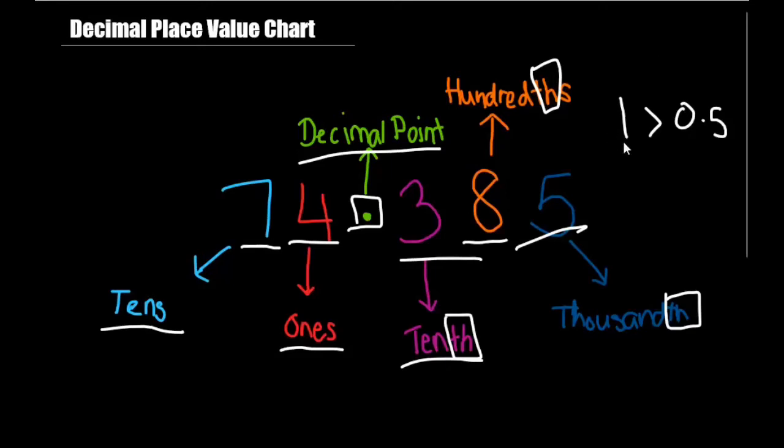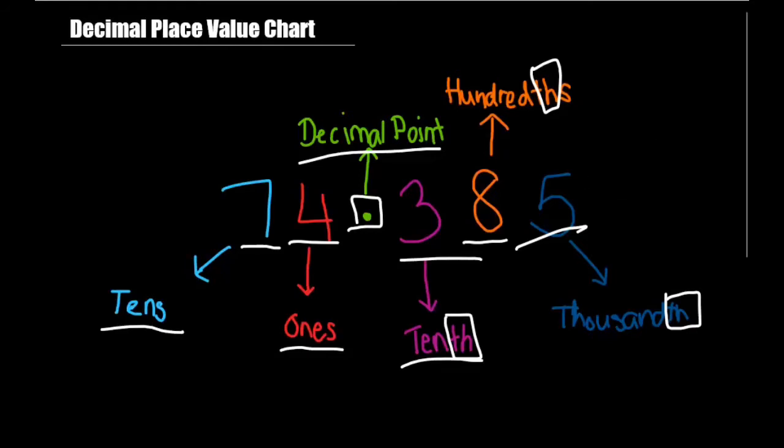And since 1 is more, if we're doing it in the place values, this would be the tens place. So I'm just going to erase this. So that is the reason why there is a TH at the end of the place values that are to the right of the decimal point.